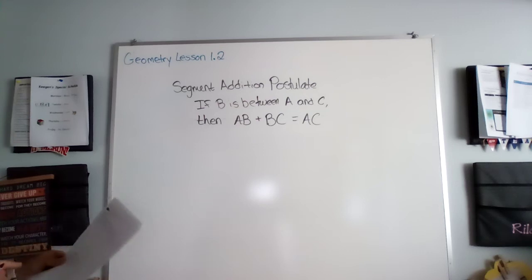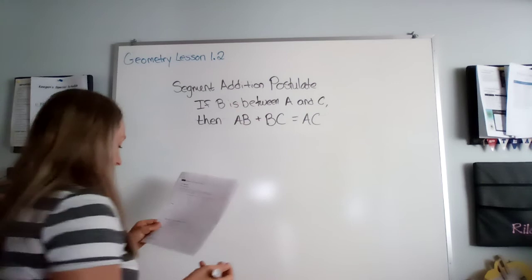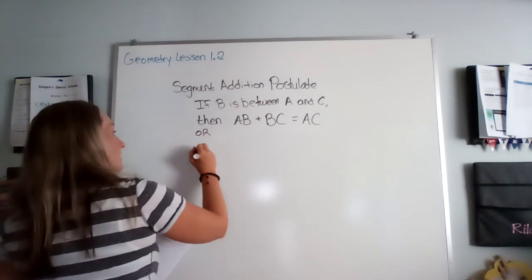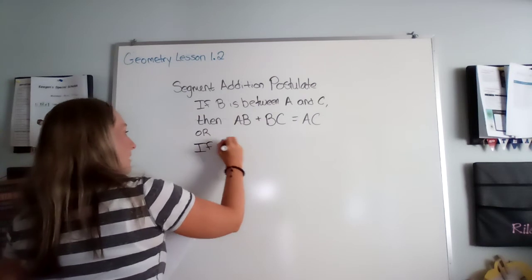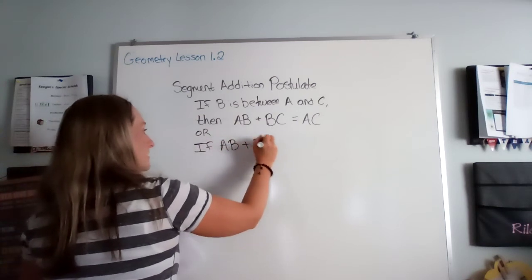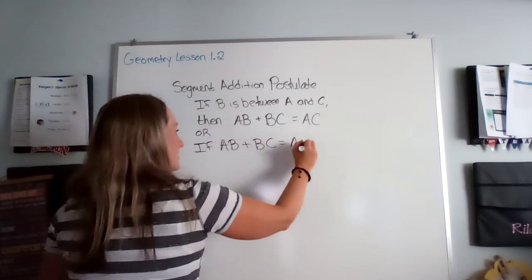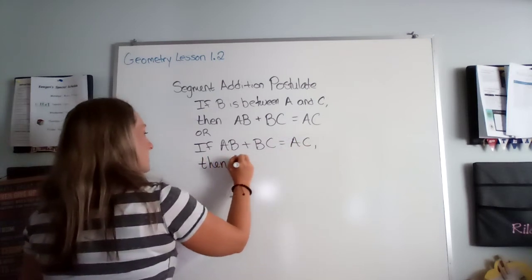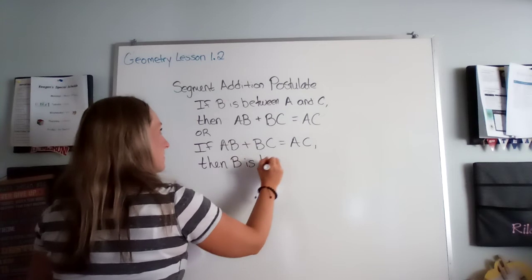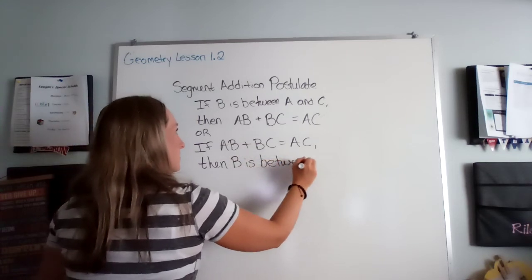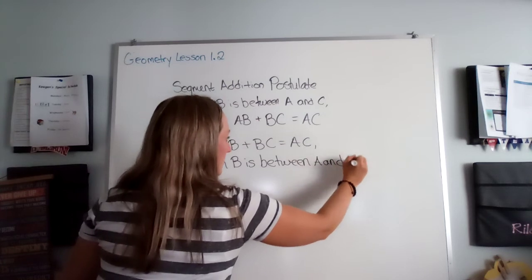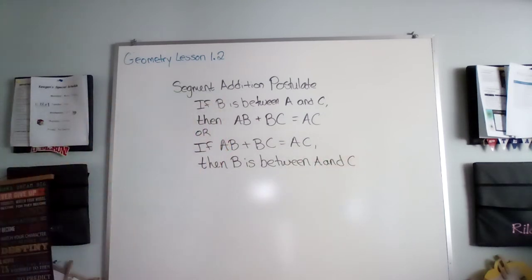So the converse of that is true as well, which we haven't talked about converse, but converse is just flipping the statement around. All right, so I could say, or if AB plus BC is equal to AC, then B is between A and C. All right, so the opposite statement, flipping it around, is true as well.